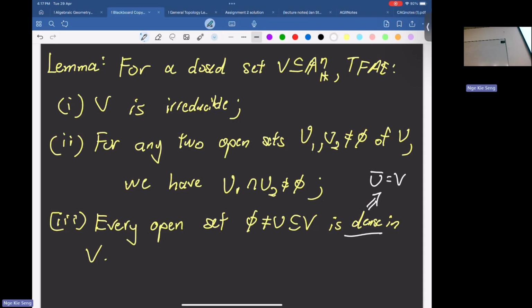Let's call it I. Then you apply V on this function space: you find the zeros of the functions that vanish on it. Is it the same as what you started with, or do you get more?